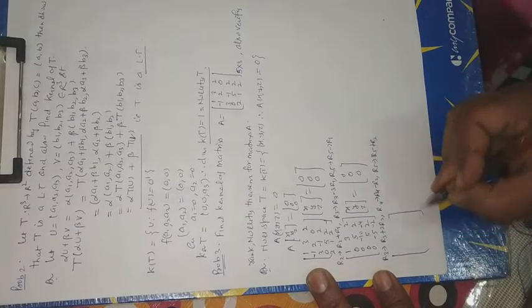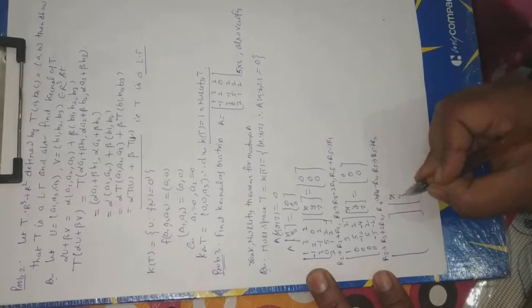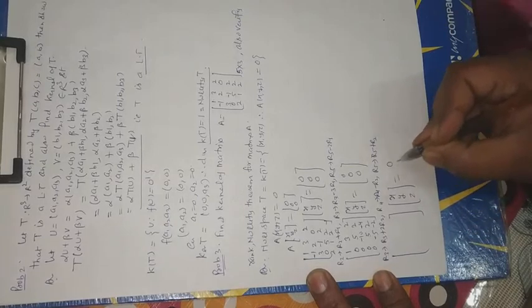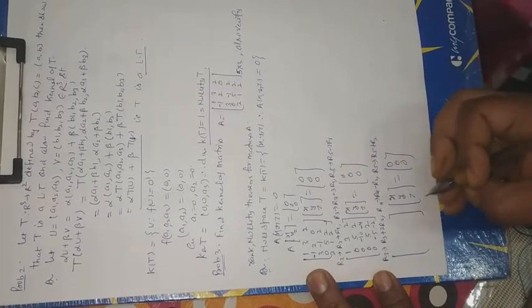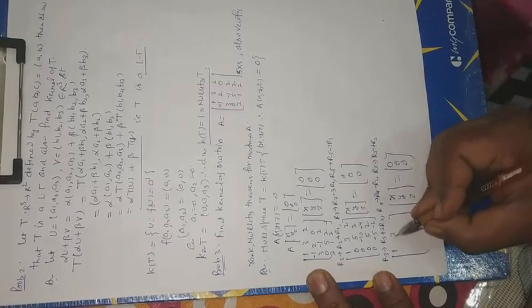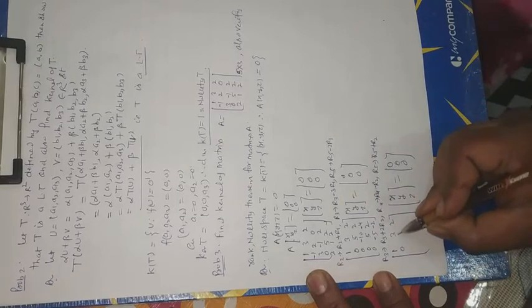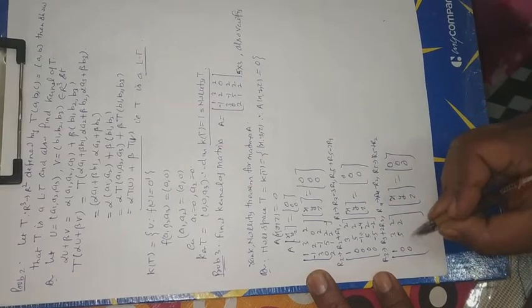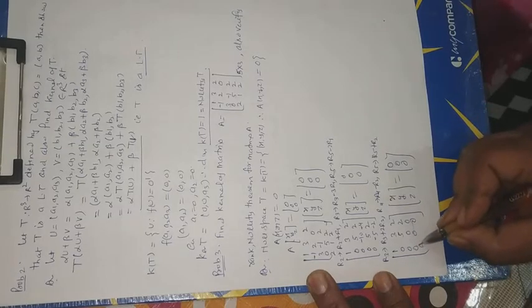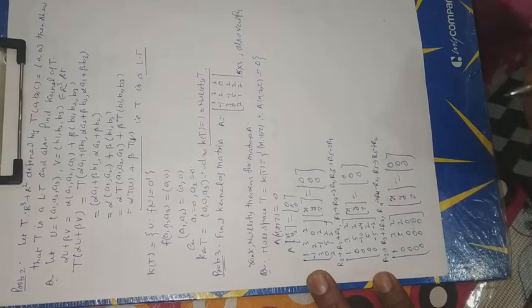Then we get (x, y, z) equal to (0, 0, 0), with rows 1 3 2, 0 5 2, 0 0 0, 0 0 0, 0 0 0.